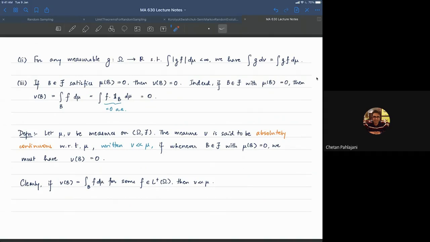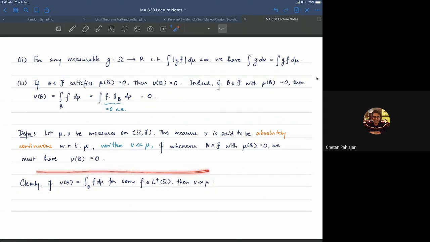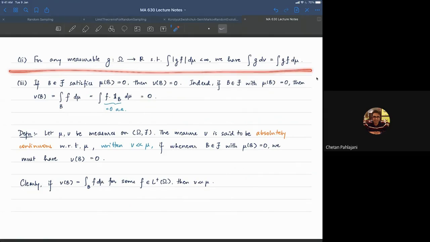Now you can ask the question in the other direction. Suppose I know that nu is absolutely continuous with respect to mu. Does there exist such an f? What this is saying is, suppose there is an f such that nu of B is the integral over B of f d mu, then you can be sure that nu is absolutely continuous with respect to mu. That observation was already made here. Now we're asking the question in the reverse direction.